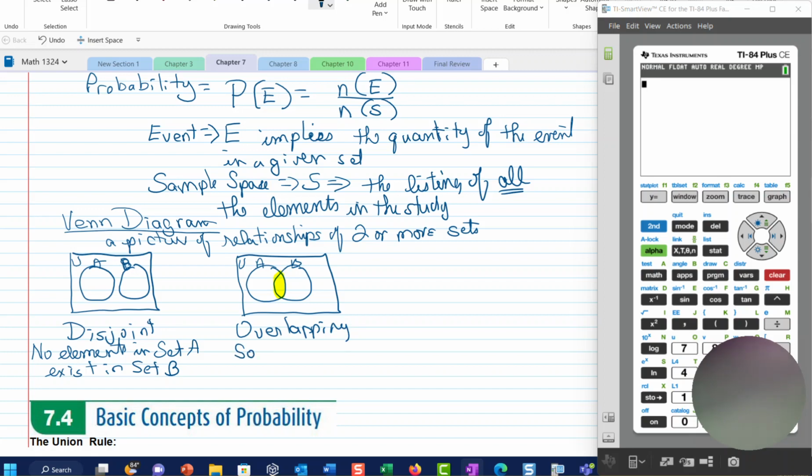Some, not all, some elements in set A exist in set B. So they're shared values.